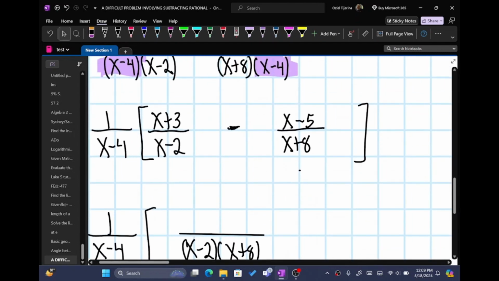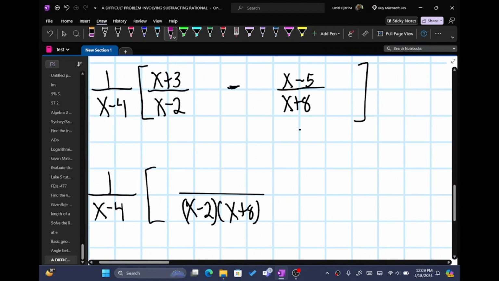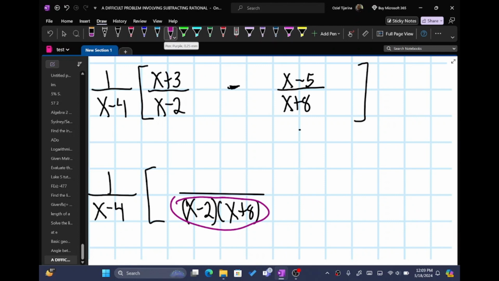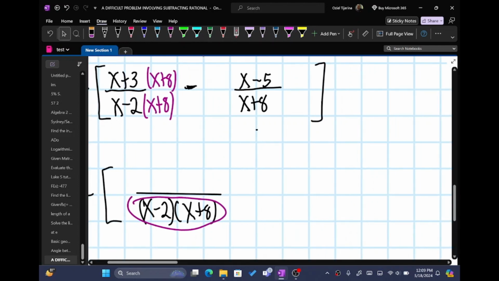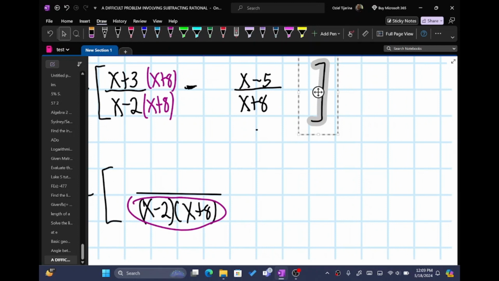So what I can do here is go ahead and multiply both of these. To get from x minus 2 to this, I'm going to have to multiply the top and the bottom by x plus 8, excuse me. So I can do that. And then to get from x plus 8 to x minus 2 times x plus 8, I can multiply by x minus 2 on top and bottom.